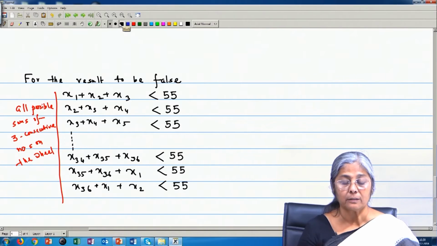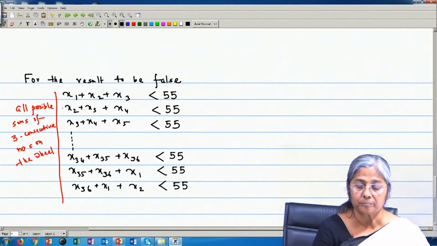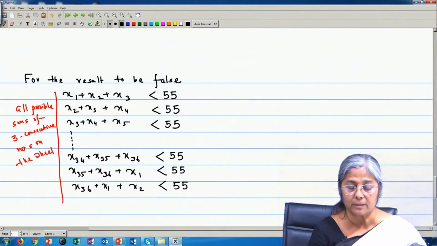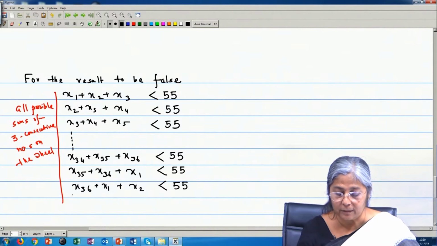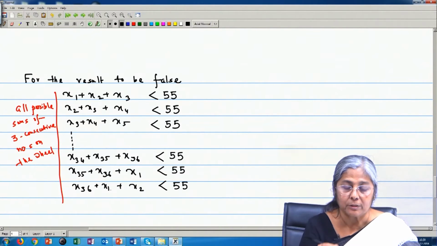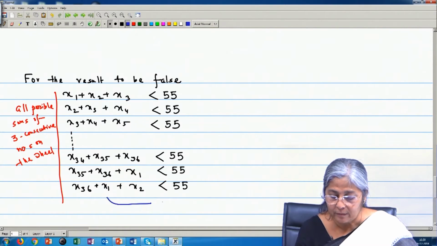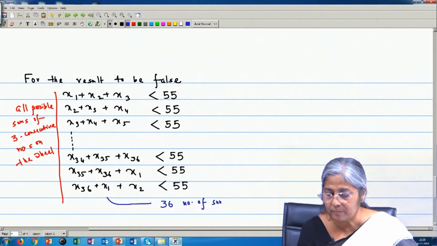How many sums are there? We can see that it starts with x1, x2, x3, up to x36. So, altogether we have 36 sums.